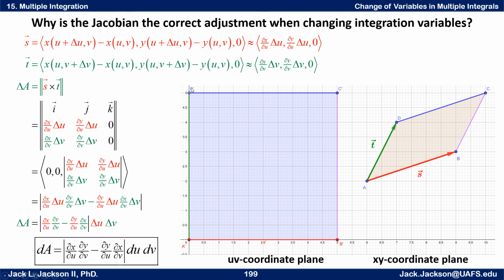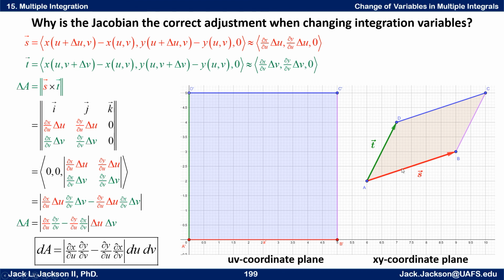And then what we want to do is take the cross product of those two things and take the norm of that. So we do the cross product here. We set up our determinant with i, j, k vectors. Here's our s vector, here's our t vector. Now, since these are both zeros for k, the i and j components are 0 here.